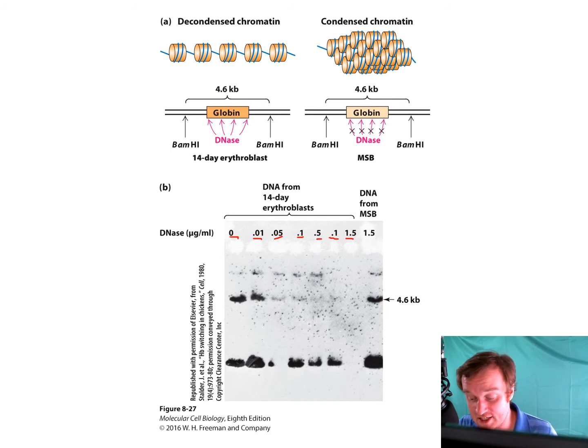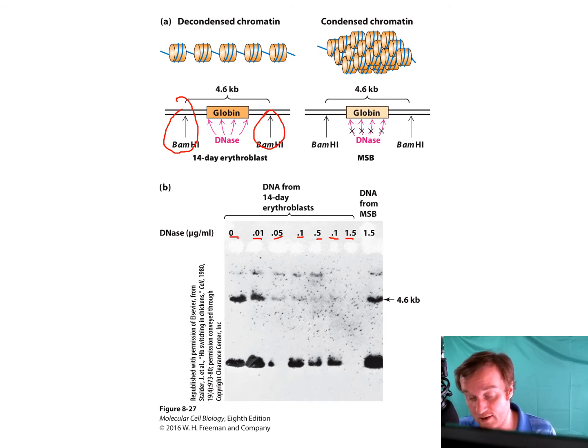And so, nuclear DNA was then extracted and treated with this restriction enzyme, BamHI, which cuts on either side of this globin gene. And then, after that, the DNA around the globin sequence should release a 4.6 kilobase globin fragment.